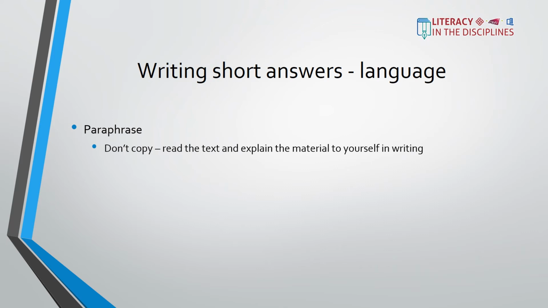Then, close the book and try to explain the material to yourself in writing. When you've done this, check your answer against the original. Note that because it is assumed that you will be relying on the specific textbooks and course notes when preparing your answers, you are not required to cite your sources. There's no need for any references.